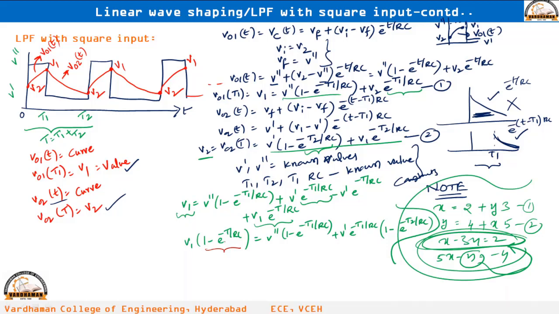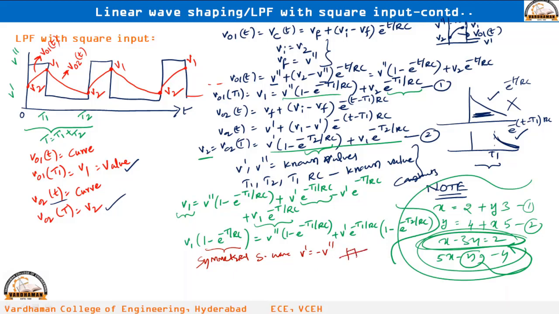Now, you take the symmetrical square wave conditions. That is what we can tell: V dash is equal to minus V double dash. V dash is the lower level, V double dash is the upper level, because it is symmetrical.